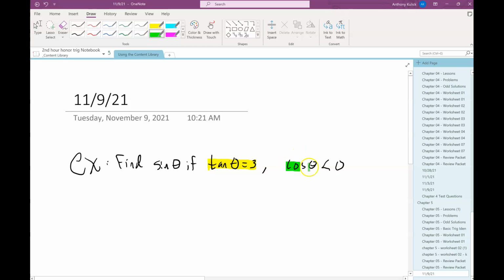And since we're told the sign of one of them, whether it has to be positive or negative, I would say that I'm almost assuredly going to need to use one of the Pythagorean identities that has a squared in it somewhere. So I'm going to use that second Pythagorean identity. It says 1 plus tangent squared theta is equal to secant squared theta.